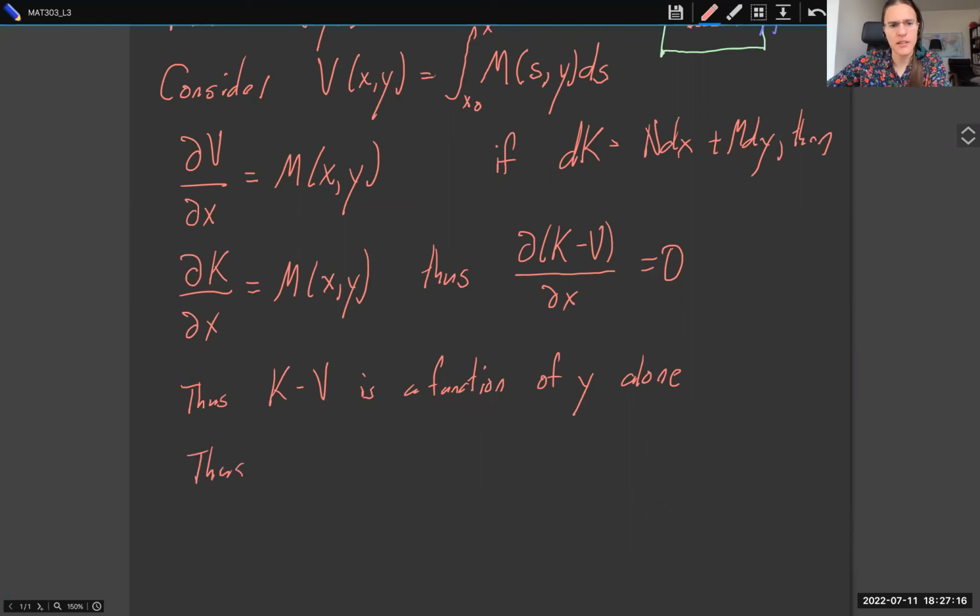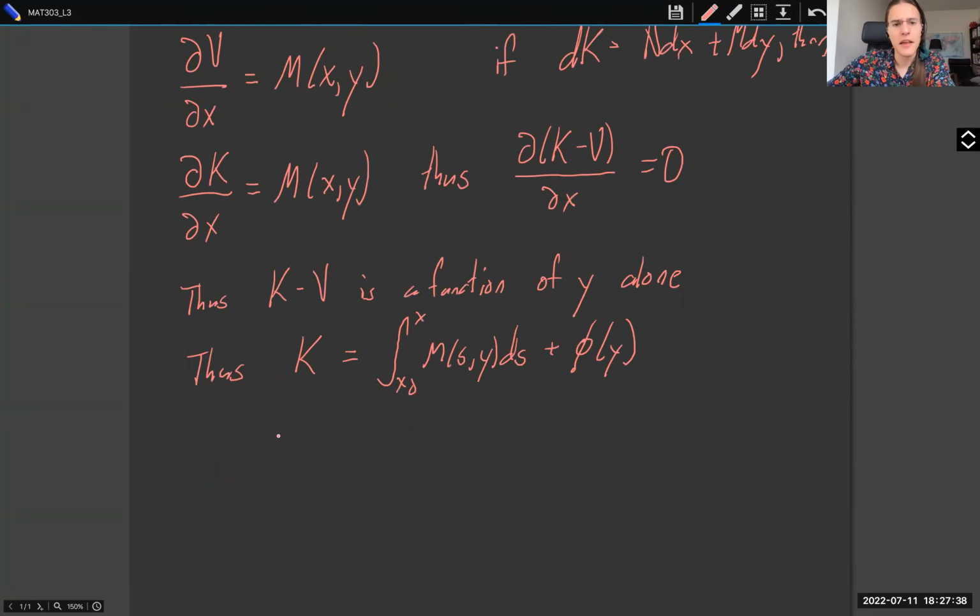Thus, if we consider k, the function that we're trying to find, then it's equal to the integral from x naught to x of m of s, y ds plus some unknown function of y. So we've made some progress on trying to find k. Now, we know one more thing.